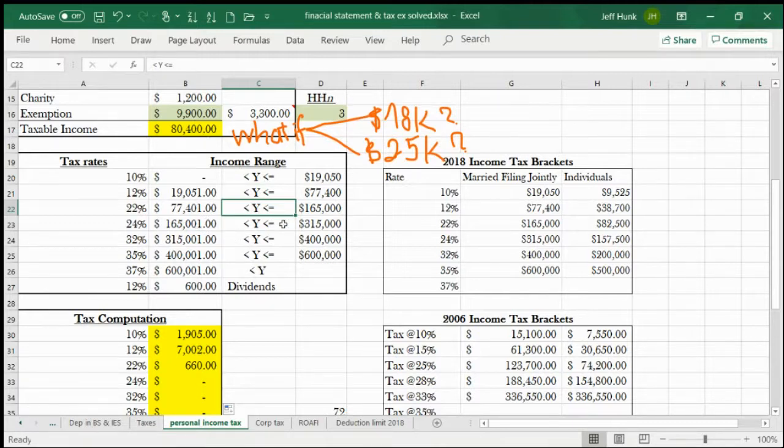It's still this bracket until you make an additional $80,000. But let's say our taxable income is almost here, 165,000. If I make one more dollar, then that one more dollar will go into the next tax bracket of 24%. Makes sense.